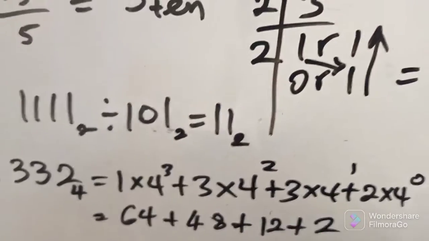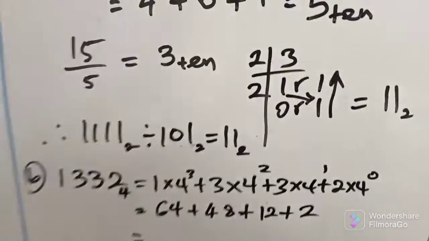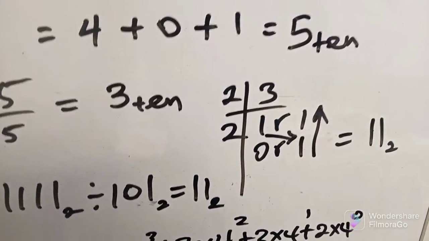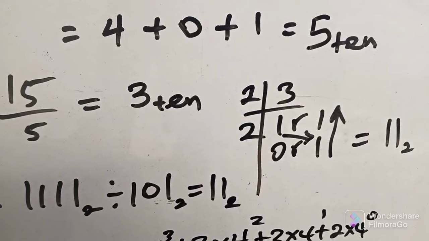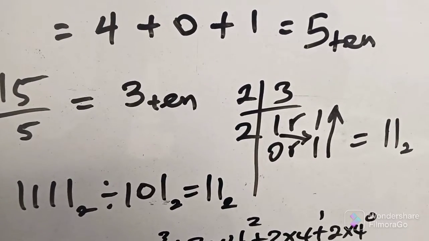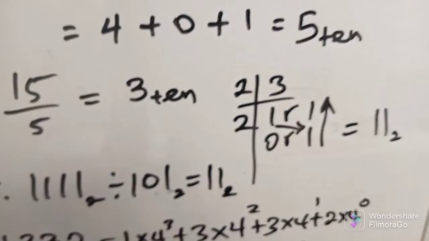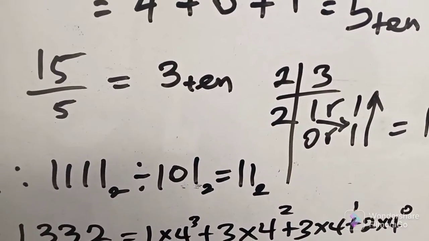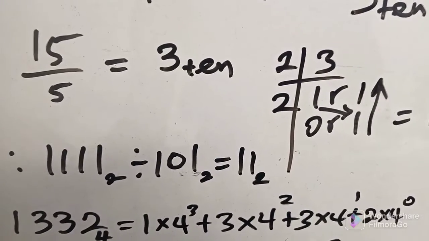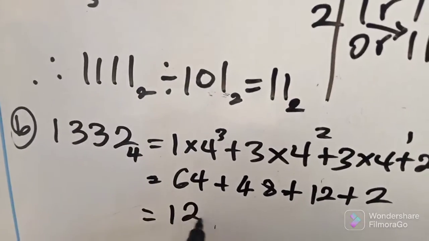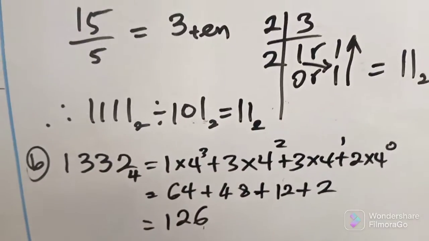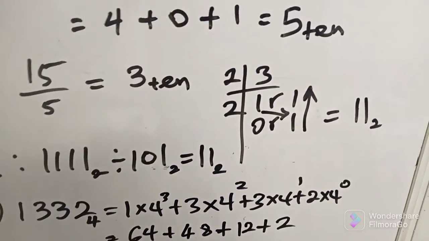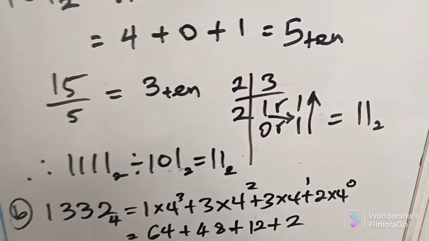So if you add everything together, 64 plus 48 will give us 112, plus 12, we are going to have 124. Then plus 2, that will give me 126.